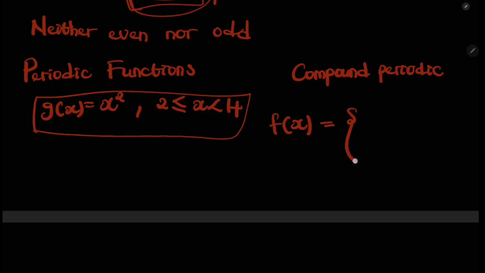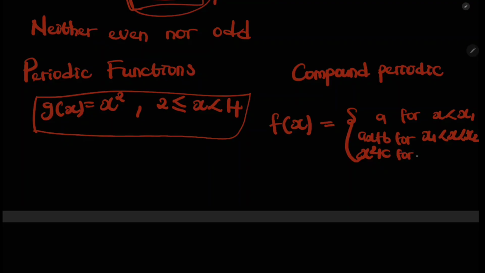Like for example, we have something like this. We have A for this range. We have AX plus B for this range. And then we have another one for this other range.